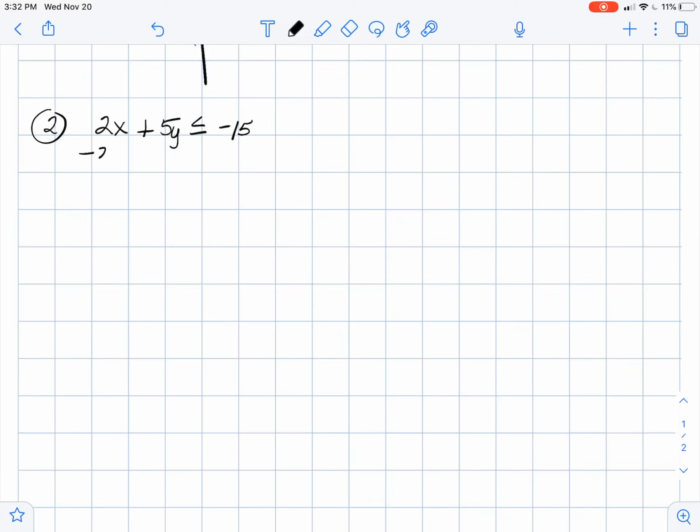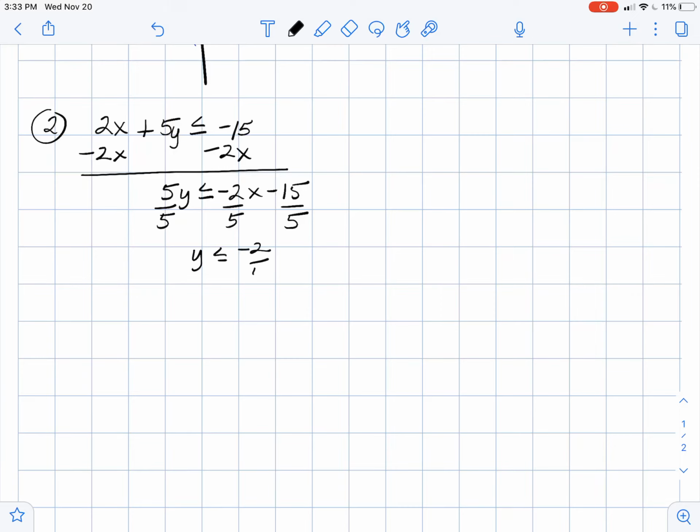So that means I always move my x first. That's always going to be your first step. Okay, and then I'm going to divide by my 5. So y is less than or equal to a negative 2/5 x minus 3.